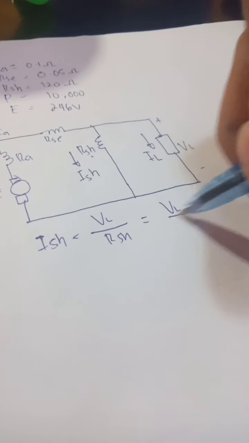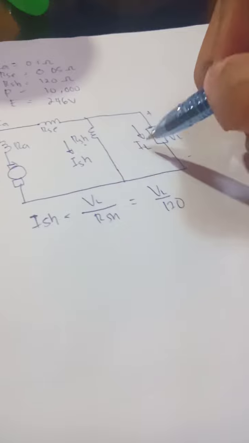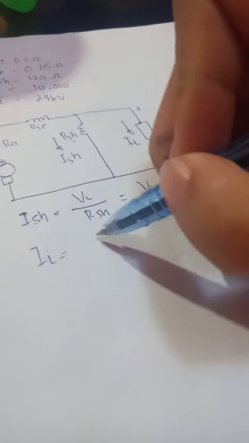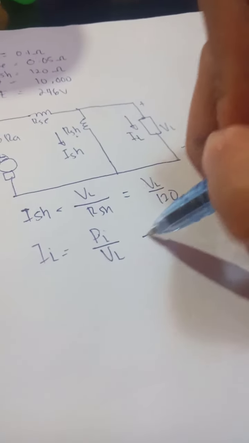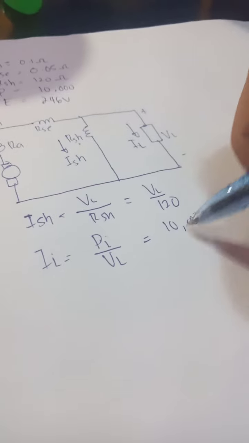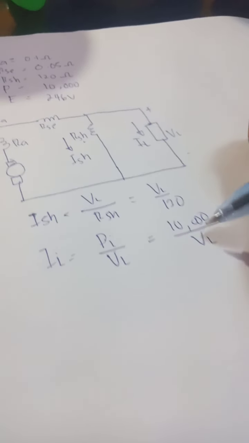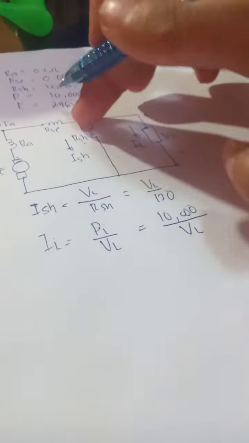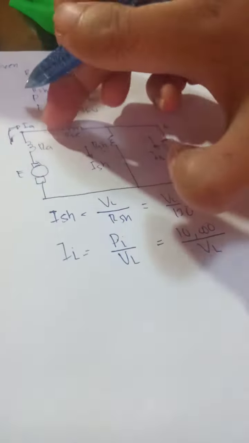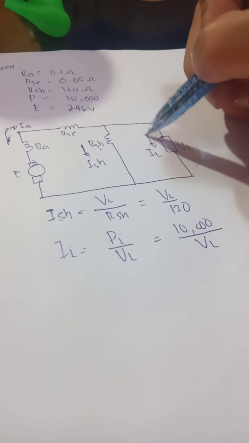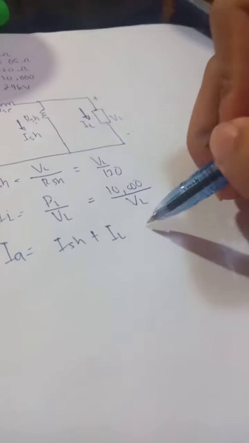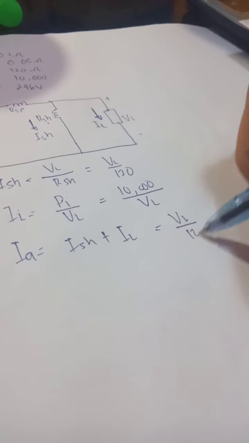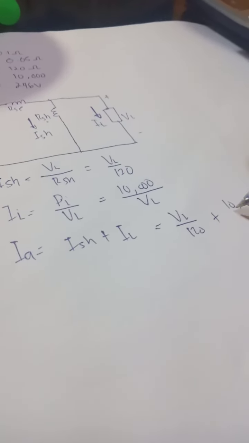This is VL over 120. And for IL, we have PL over VL, which is equal to 10,000 over VL. Then the total current IA is equal to ISH plus IL, which is equal to VL over 120 plus 10,000 over VL.